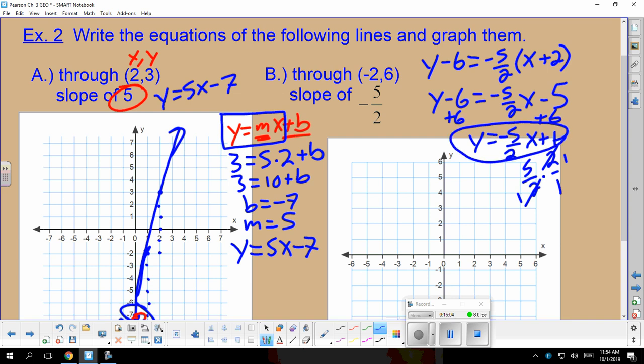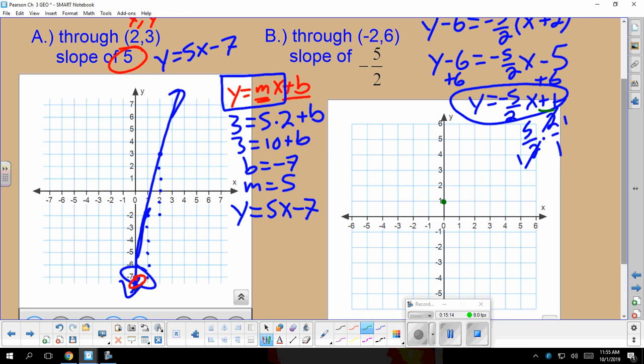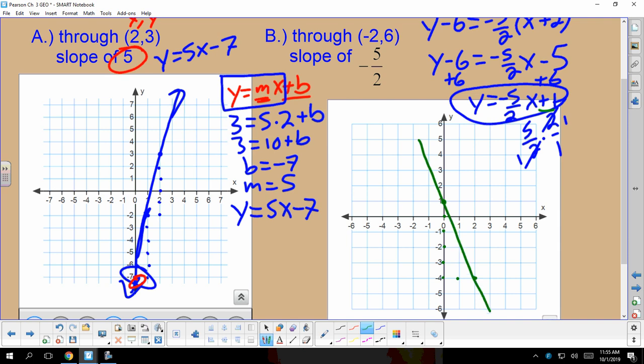And I'm going to use slope-intercept form to graph. I have my y-intercept here, which is 1. And now what I'm going to do is go down 5 over 2. There's the next point, and I can graph my line.